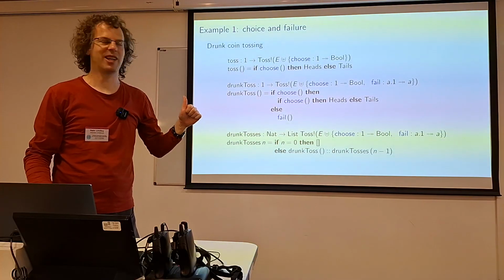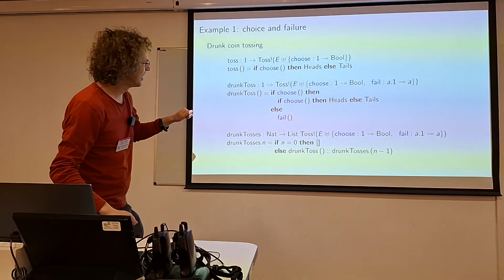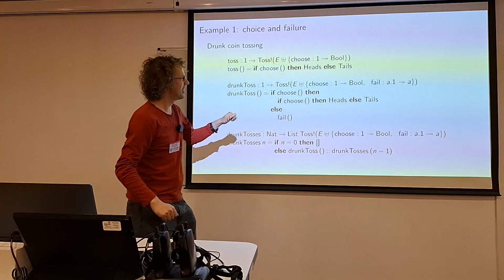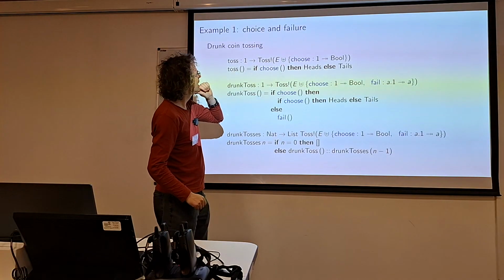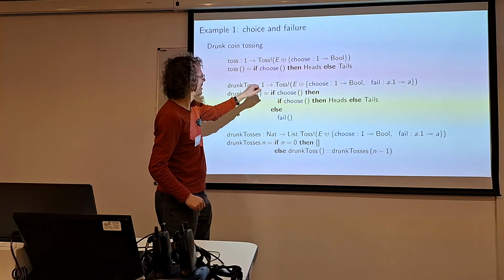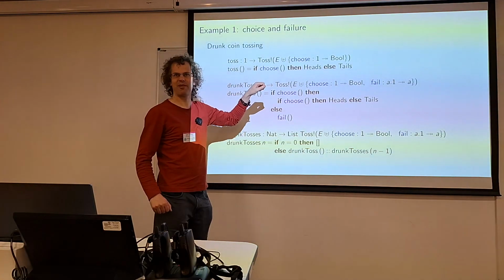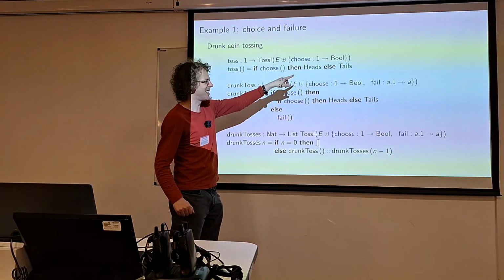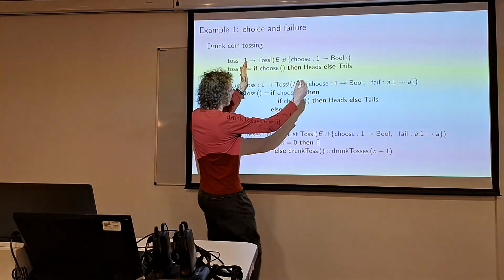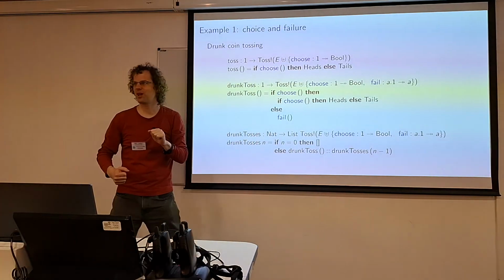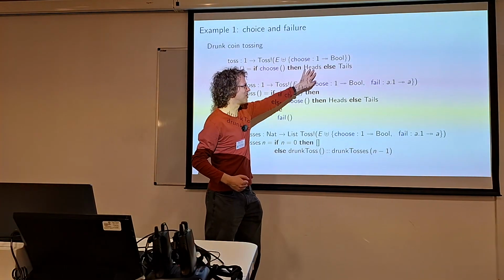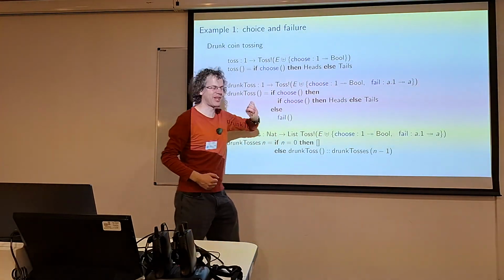Modulo, it's a bit more complicated. It's actually not just that. It's a function that takes a value, and then it does if x, then heads, else, tails. And in fact, the whole body itself gets wrapped in the handler as well, because if we happen to do some more choices here and here, then we want them to get handled.